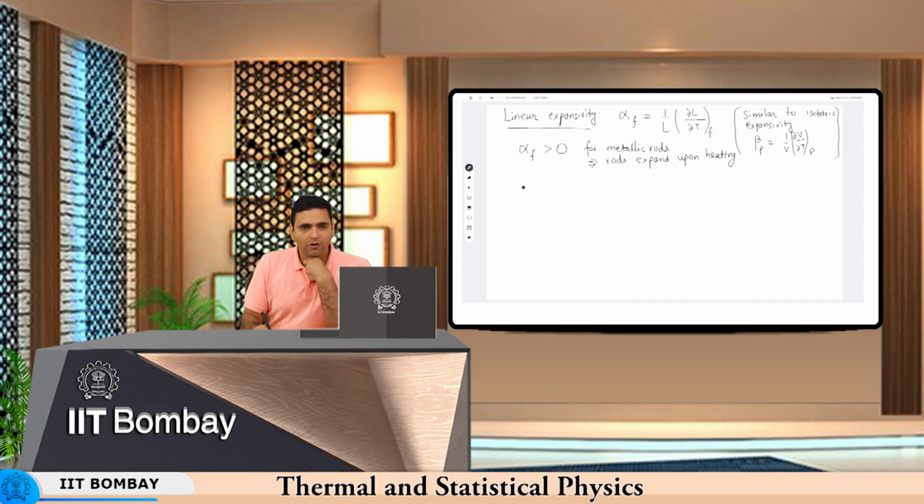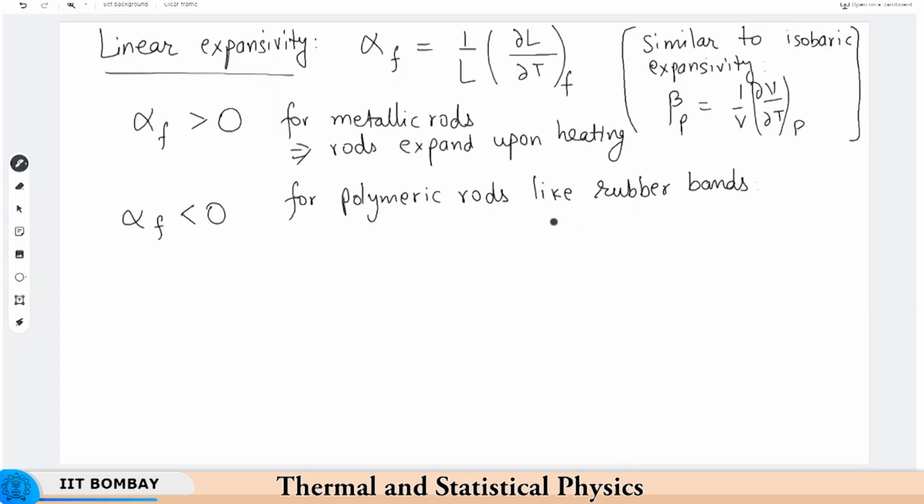However, there are also some systems where this alpha f is negative, and this is usually true for polymeric rods like rubber bands. I do not know whether you have played with rubber bands ever. If you heat a rubber, it actually contracts upon heating.